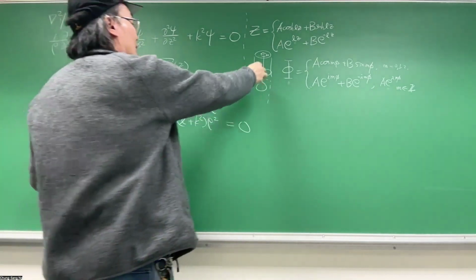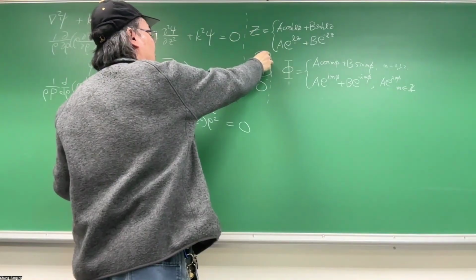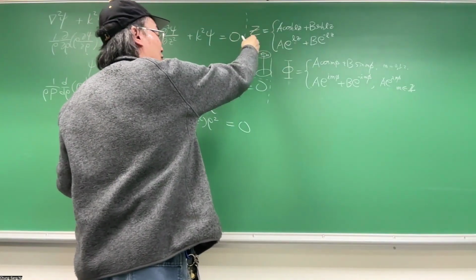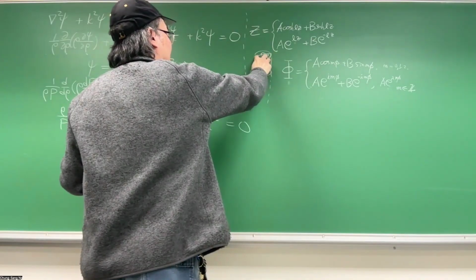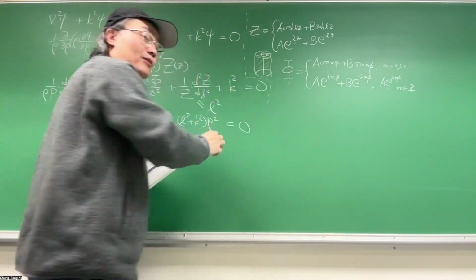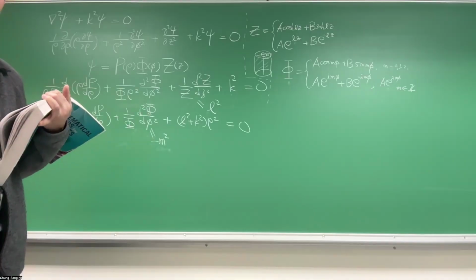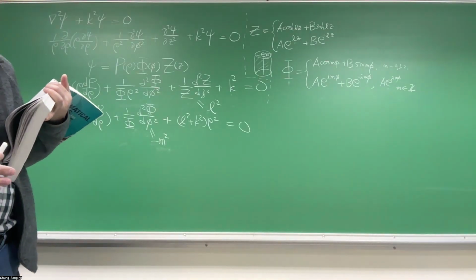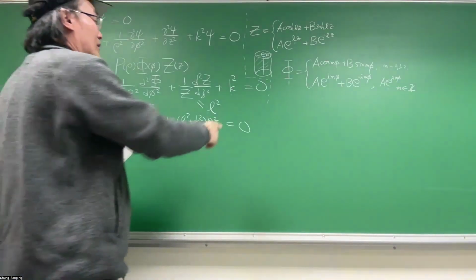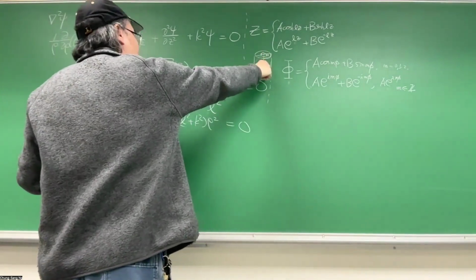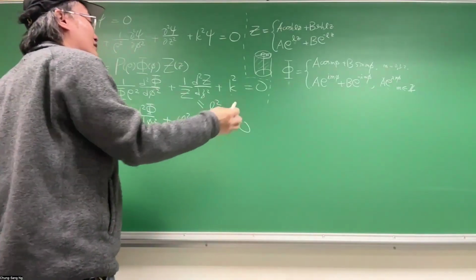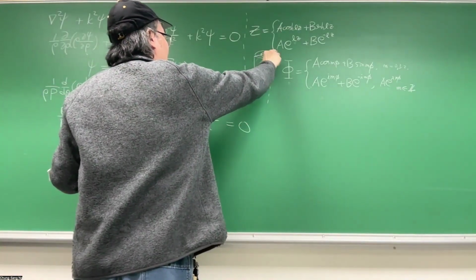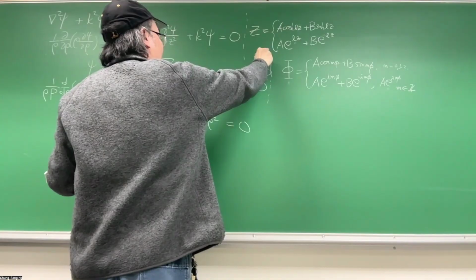However, if your problem has a boundary in phi, not total 2 pi, say just half circles, half cylinder, you impose a boundary, then the condition will be different. It depends on what boundary condition you impose. Maybe it's just a sector of a given angle.